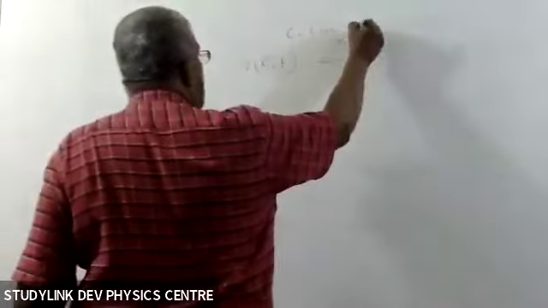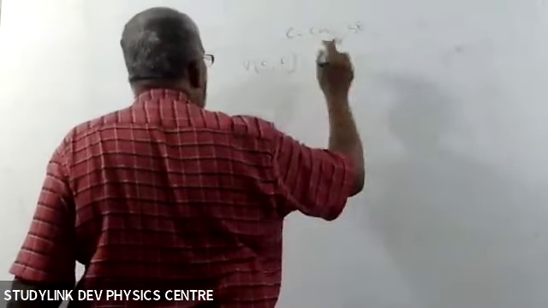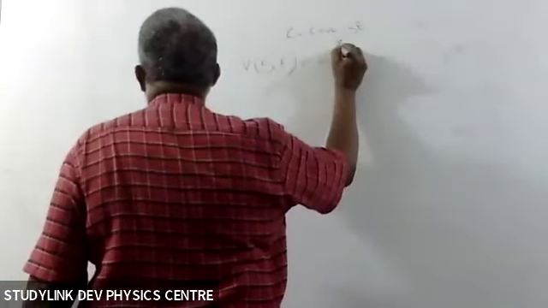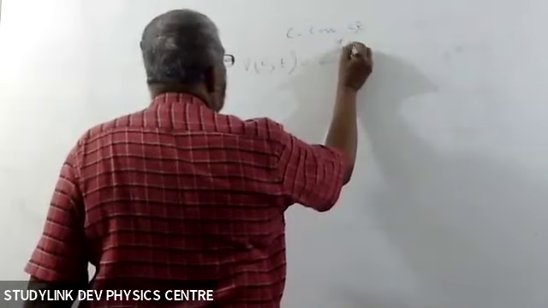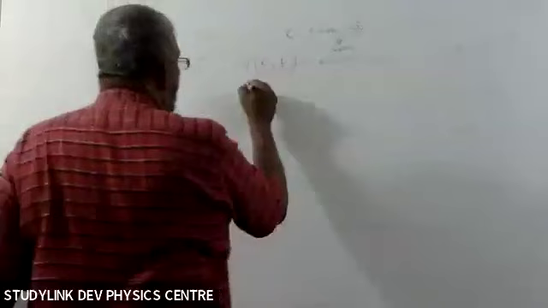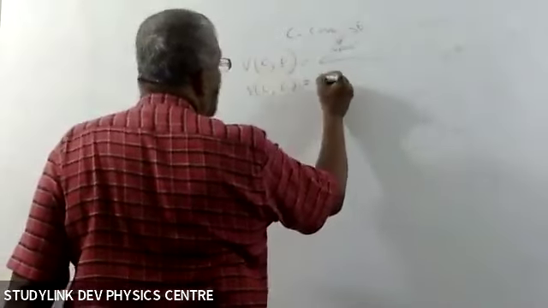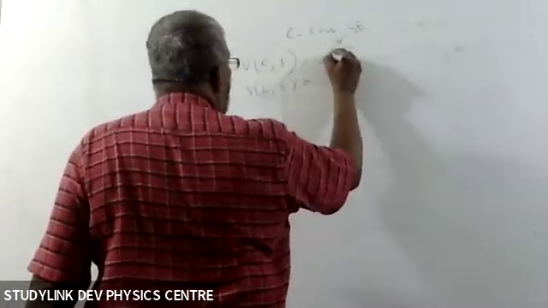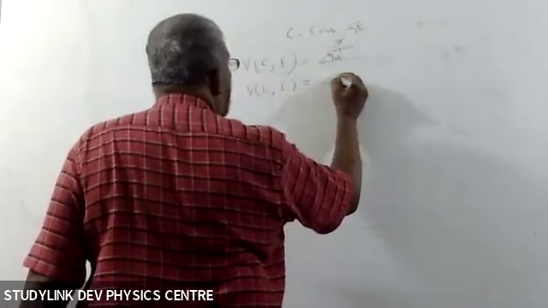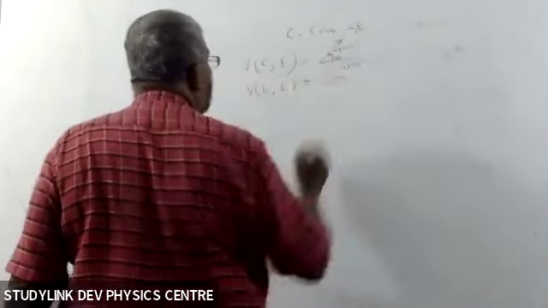The car is moving with 4 ms minus 1. Then velocity of the lorry is from here 45 degrees and 12 ms minus 1.